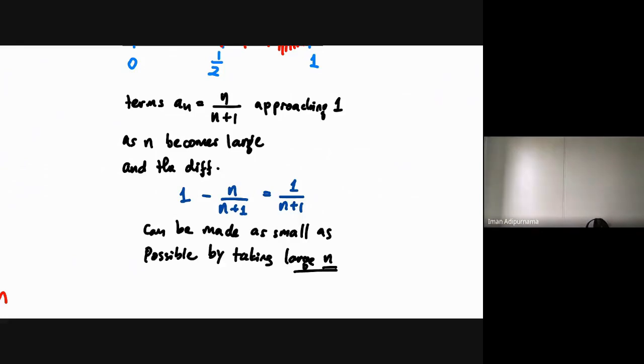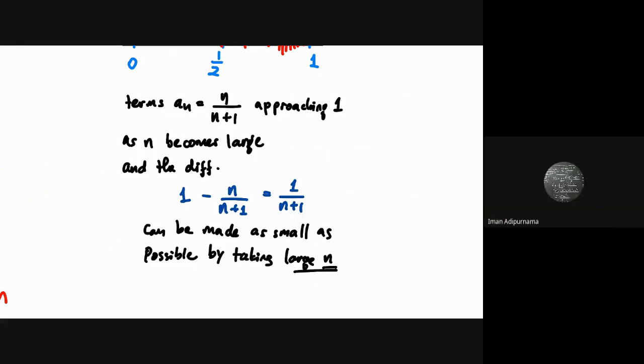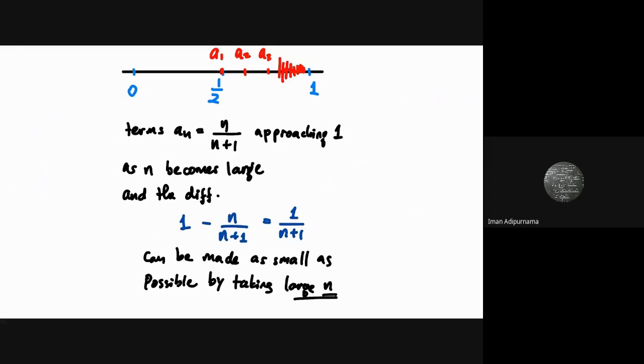So this definition is similar or close to our limit understanding. When we take n as large as we want, the gap from the graph, from the red color there, is getting smaller and smaller.